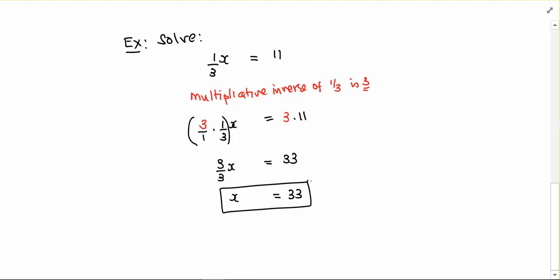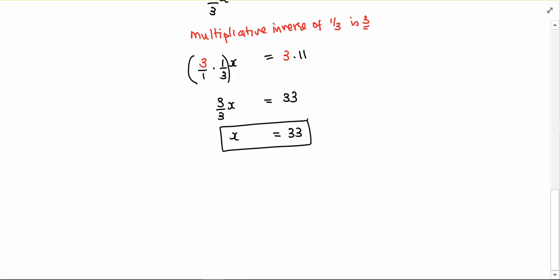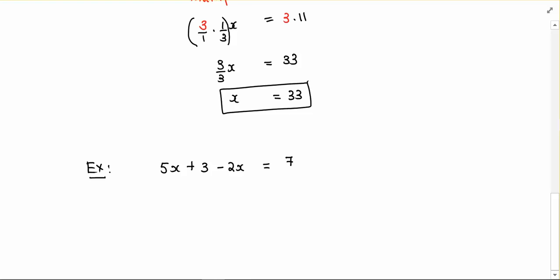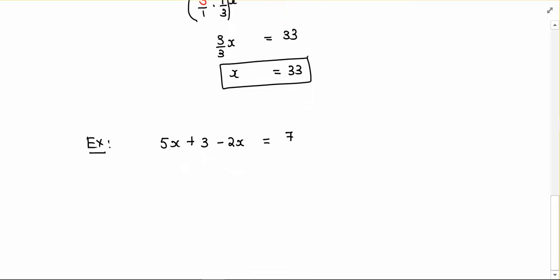We can get a little bit more complex before we really get into the difficult stuff. Let's do one more simple example here. So for example, what if we had 5x plus 3 minus 2x equals 7? Okay, so now we're going to bring in our knowledge from simplifying expressions first.